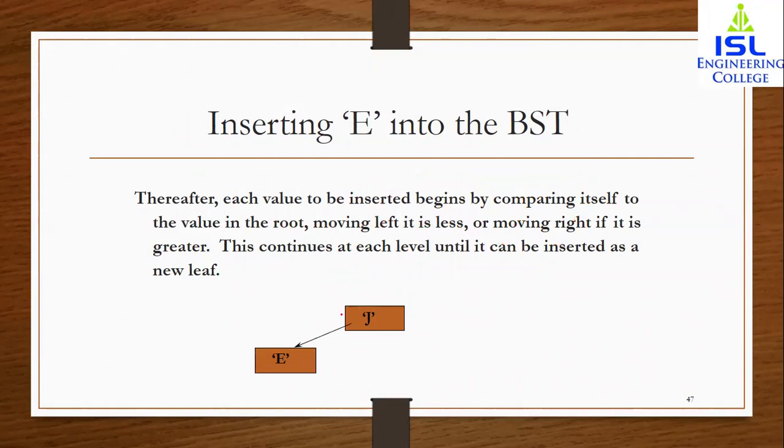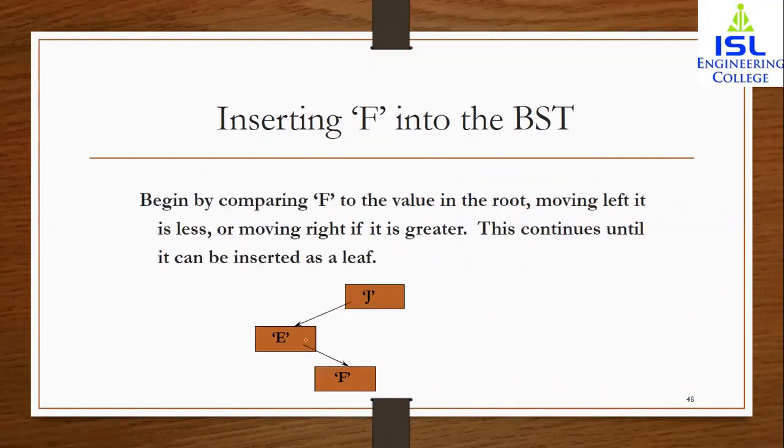So we are inserting E. E comes before J, or is less than J, so it is moved to the left. Now next we have F. F is the value which comes next to E. If you see it in the alphabet, after E we get F, so it is moved to the right.